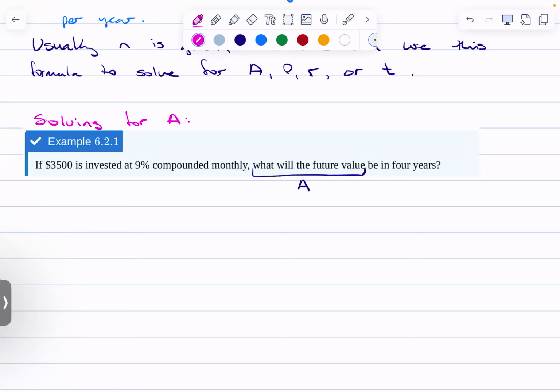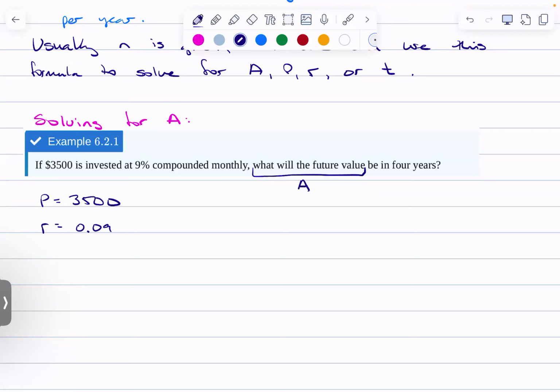Notice we're given all the other components, so let's list them. I have P, which is the initial amount that I've invested. I have R, 0.09, making sure you rewrite it as a decimal, not just 9%.